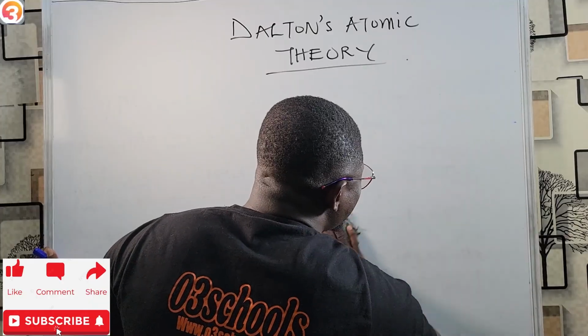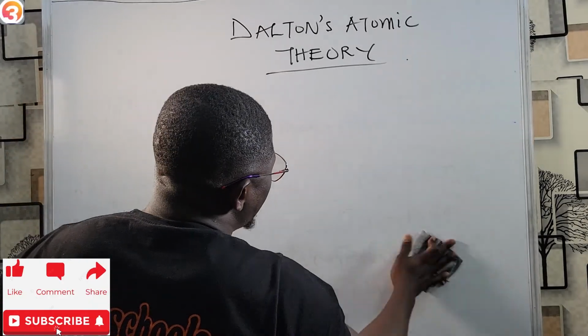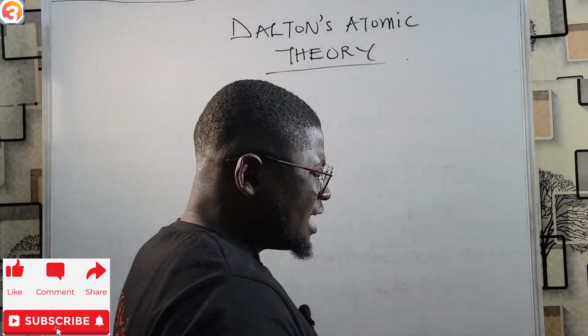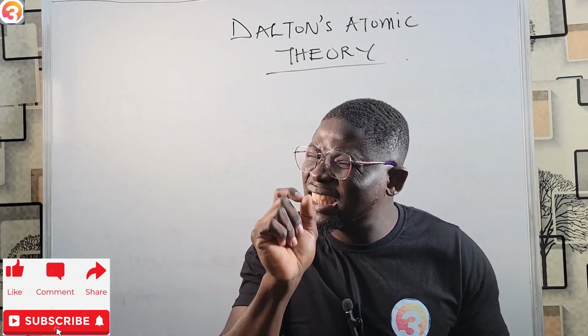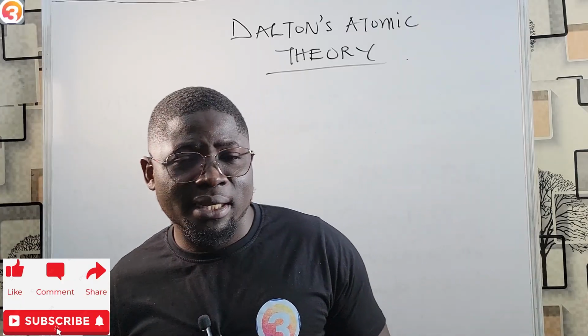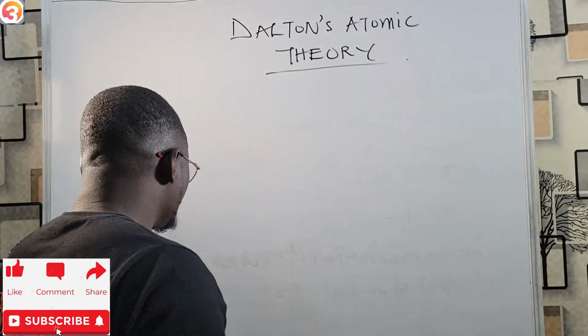So number 1, of course, you remember the first theory that John Dalton postulated. He said matter is discrete, that is discontinuous, and made up of very small particles called atoms. He went further to say that an atom is the smallest indivisible particle of an element that can take part in a chemical reaction.